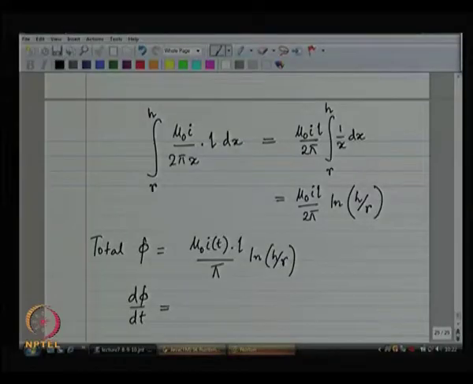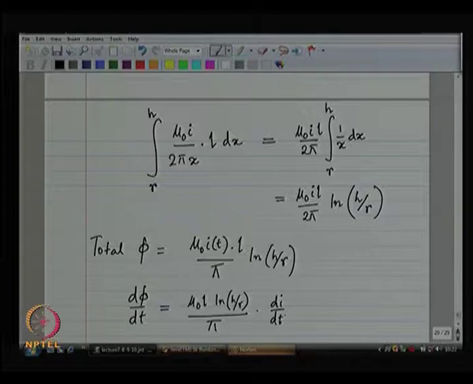So, if I try to change the flux, then an EMF is created which is equal to the rate of change of flux, rather a back EMF is created. It resists the rate of change of flux, which basically means that I get a potential drop across this wire, which is equal to d phi by dt, and that is going to be equal to mu naught L ln h by r by pi times d I by dt.